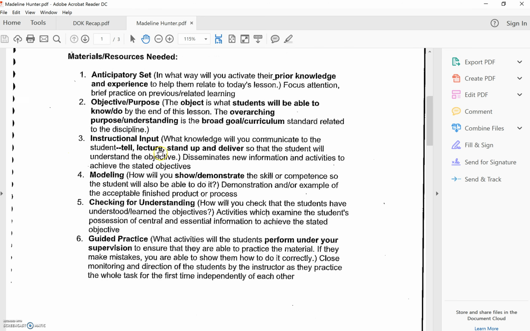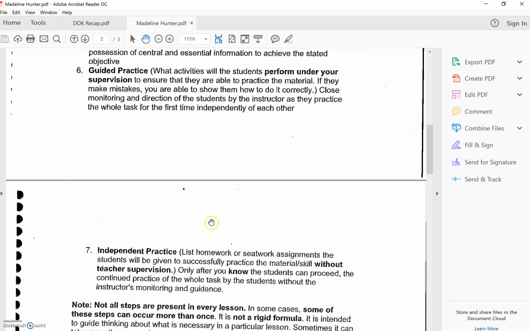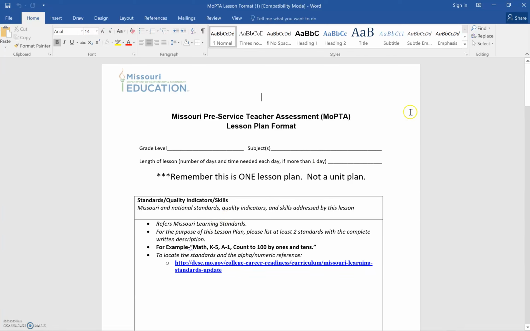You will find the major components: the anticipatory set, objectives, instructional input, modeling, checking for understanding, guided practice, and then independent practice, in a general summary of those. Like I said before, if you want to build your lesson plan with those major components and then input them into the MOPTA format, that might be a nice stepping stone for you. So let's talk about the MOPTA format here.